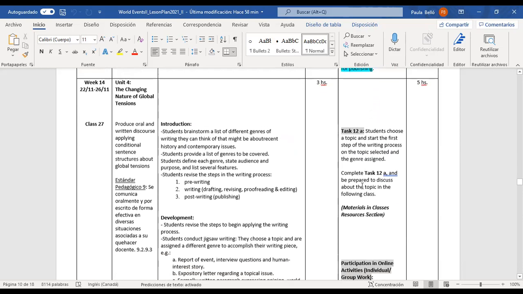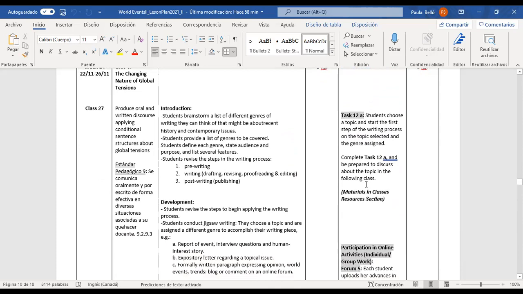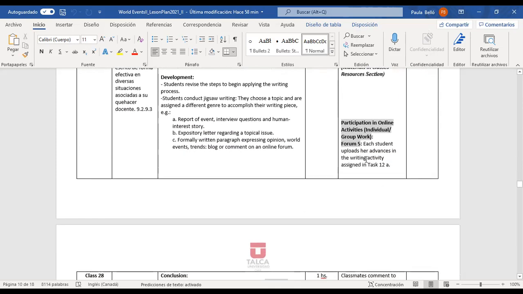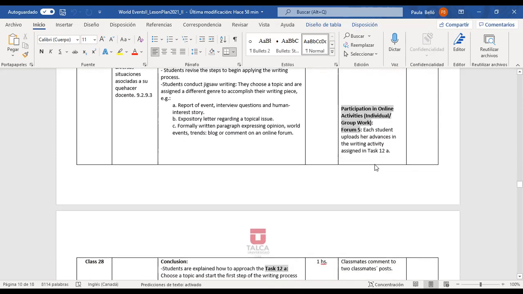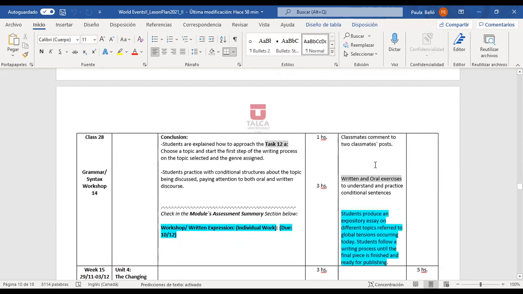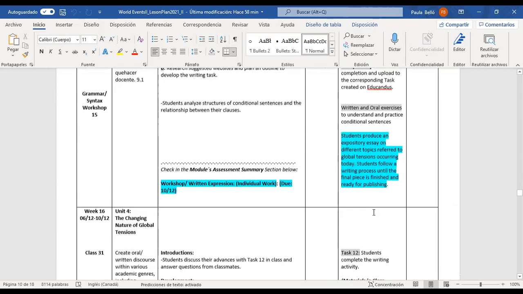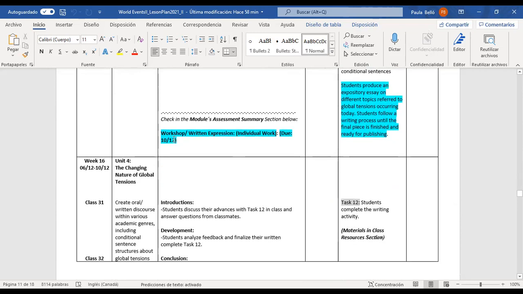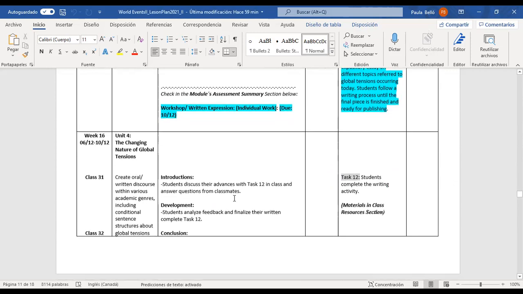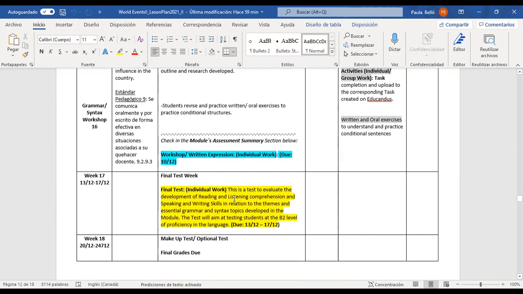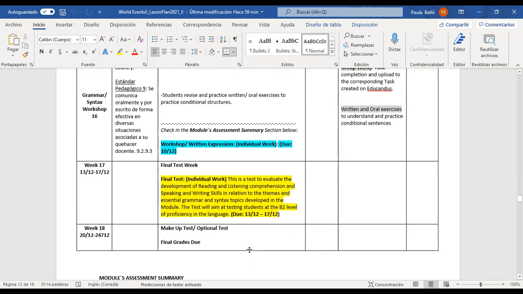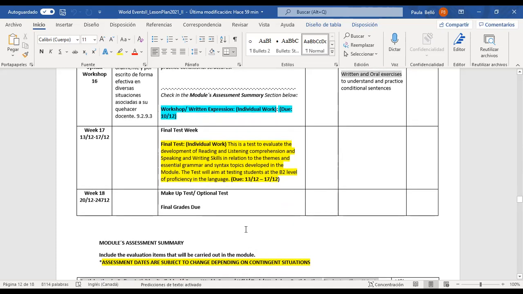You choose a topic, you start the writing process, you receive feedback, you share in the forum, etc. Each week you will have a special activity until your final written version on the 10th of December. And the next week we will have the final test, the optional, and grades due.